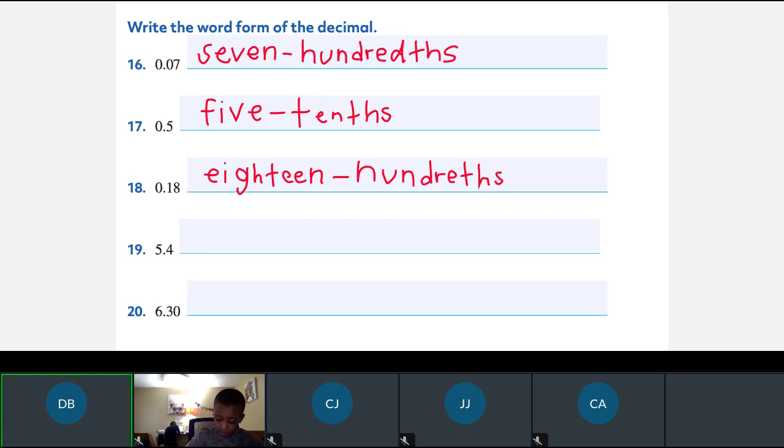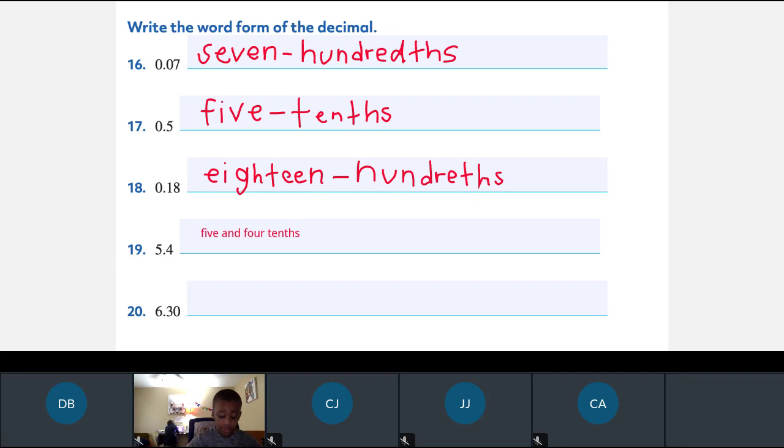Okay, number 19, you have 5.4. So that is going to be, we have our first whole number here. You're going to write 5 and 4/10ths. Wow, that text tool was so much easier than trying to write it with my pencil. 5 and 4/10ths. Oh, I forgot my hyphen.